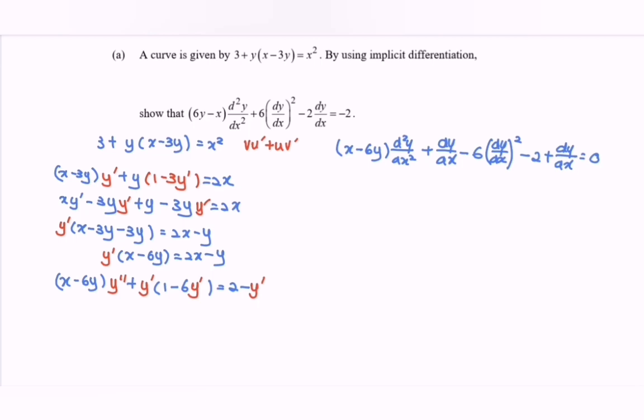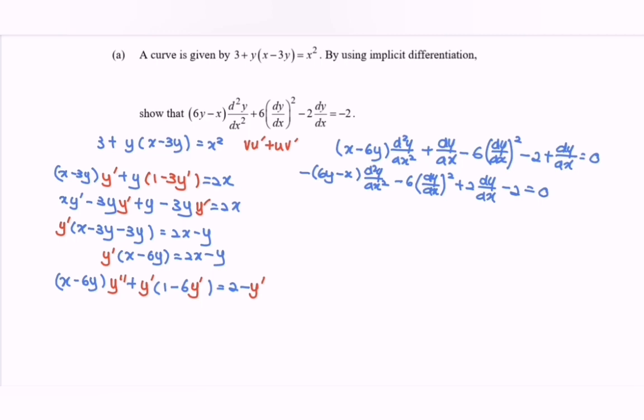So in here, what we can do is to rearrange the situation. So here we have 6y minus x. Let's say we factor out the negative. So we have the second derivative, negative 6 bracket, the first derivative, then we have the square, then plus the 2 dy/dx minus the 2 equals to 0.